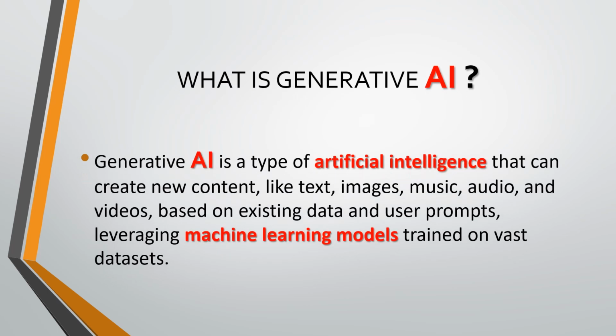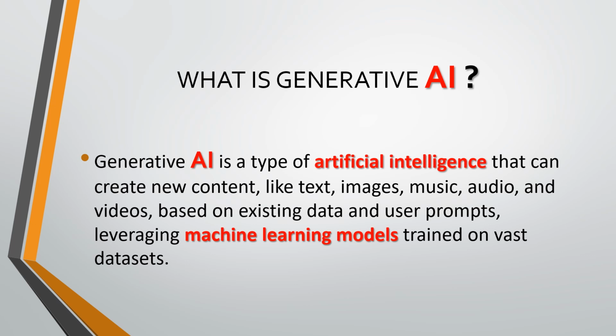So let's first understand what is generative AI. Generative AI is a type of artificial intelligence that can create new content for you like text, images, music, audio, and videos based on the existing data and users' prompt, leveraging machine learning models trained on the vast data set.